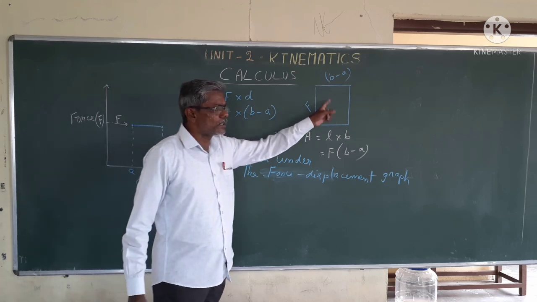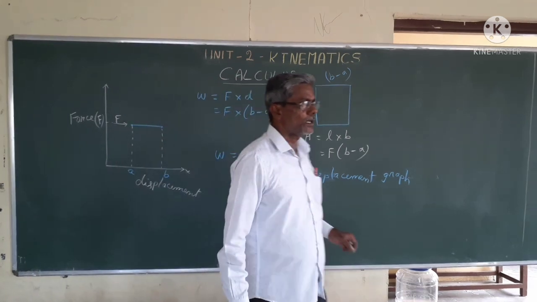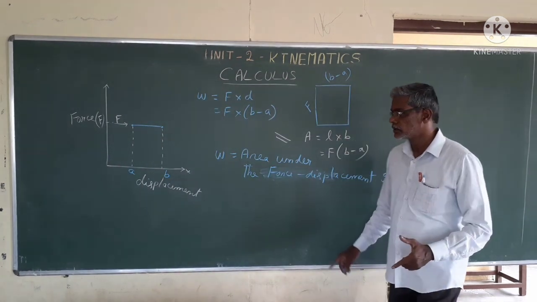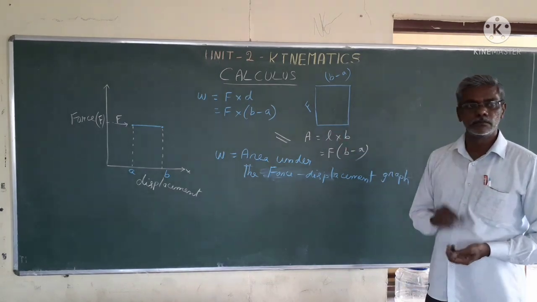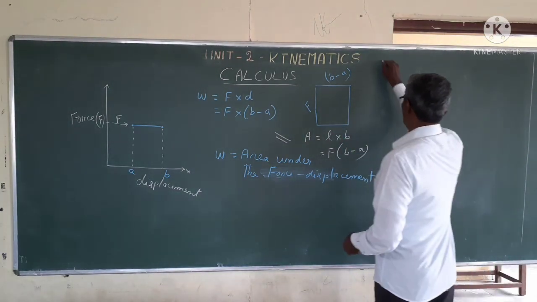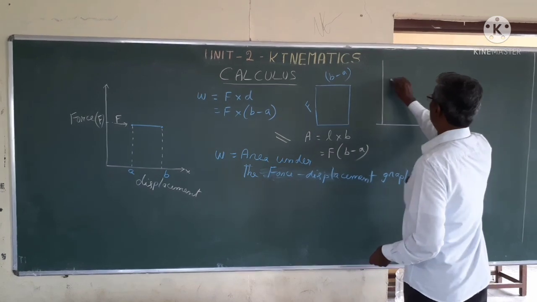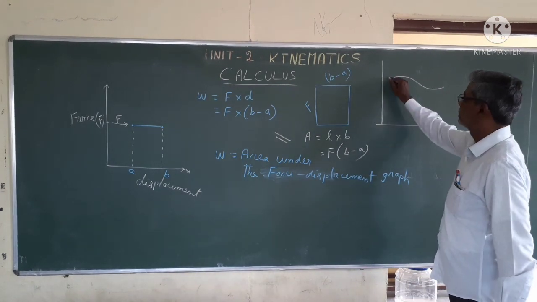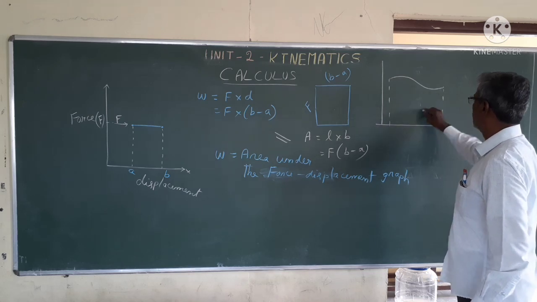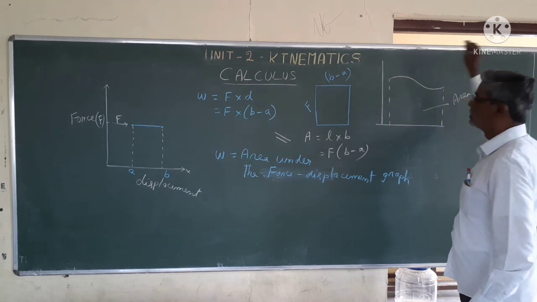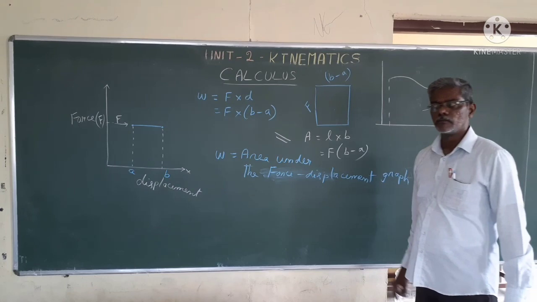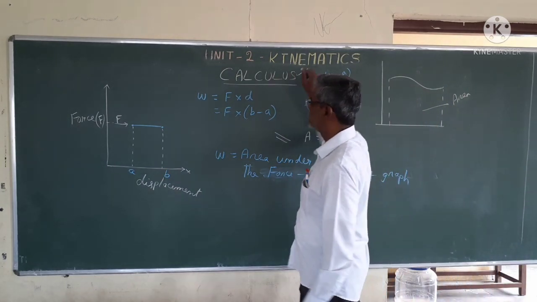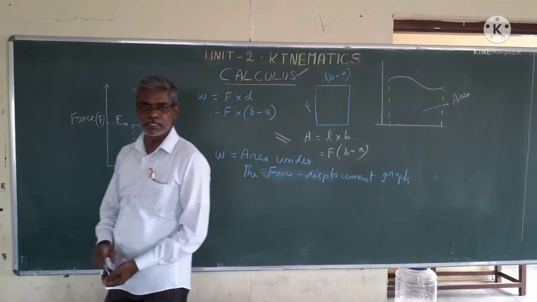Suppose it is a regular shape, I can find out the area with the help of a formula. Suppose it is an irregular shape, how to find out the area? For this, we need calculus.